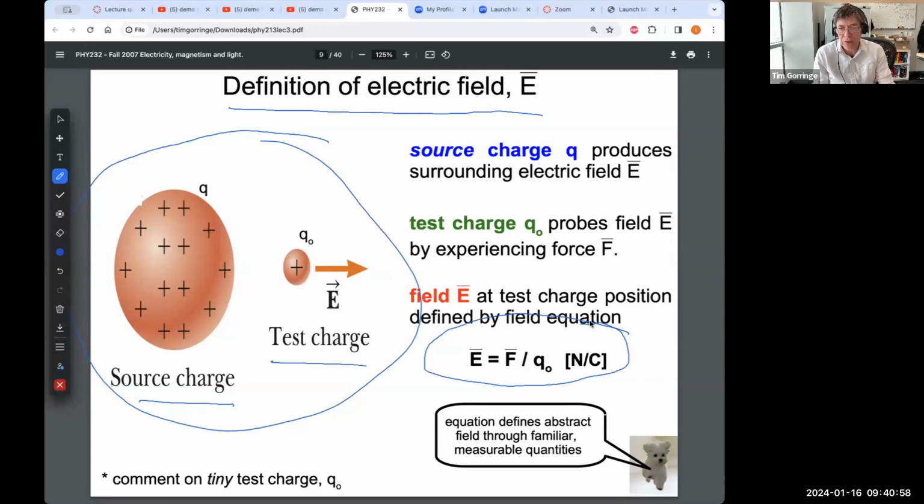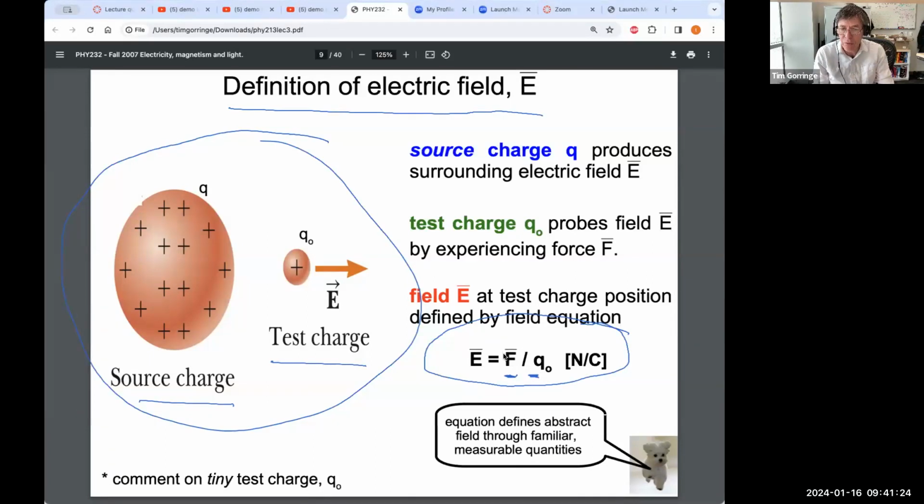It's called the field equation, and it defines the electrical field. The electrical field at the location of the test charge, so this location here, is defined as the force that's experienced on the test charge, that's the F on the right-hand side of the field equation, divided by the charge of the test charge.